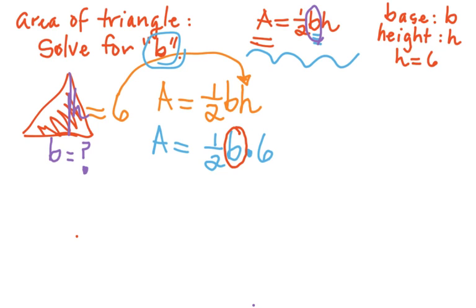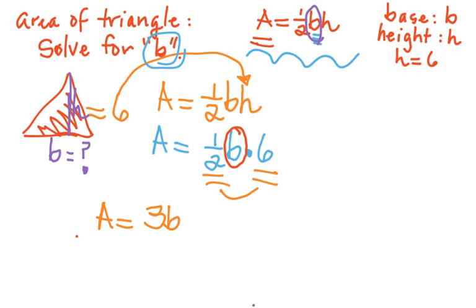I can take 1/2 of 6, because remember, those are both numbers. 1/2 is a number and 6 is a number. And I could ask anybody in this room, what is half of 6? In other words, 6 divided by 2 is 3. So I can take 1/2 of 6 and say the area of my triangle is 3 times B.